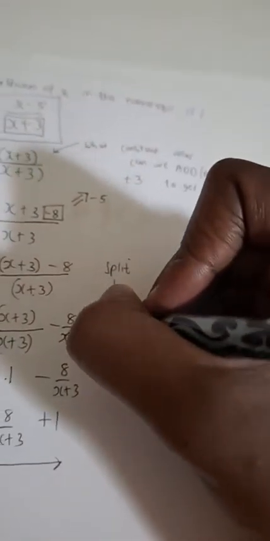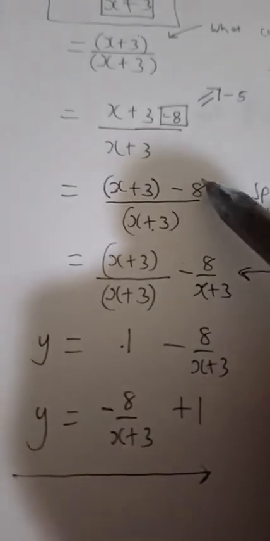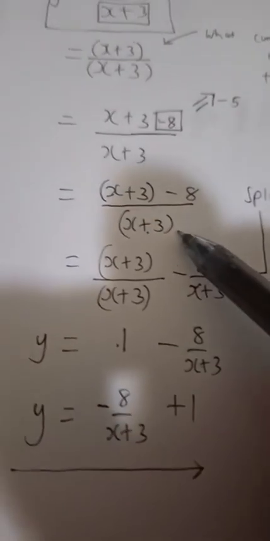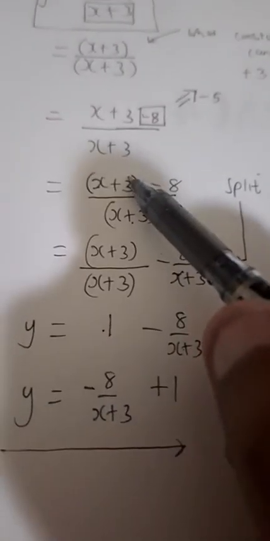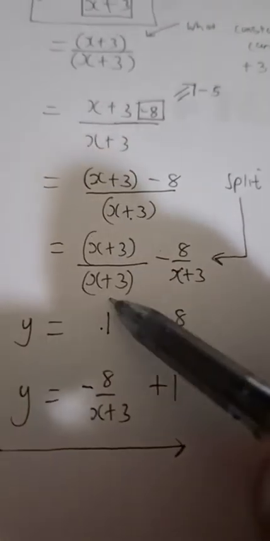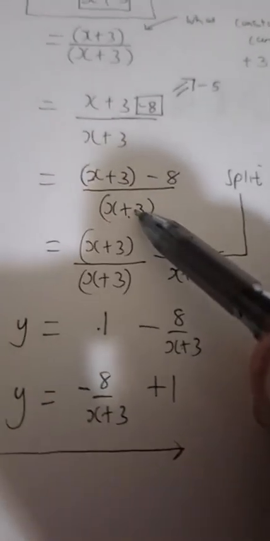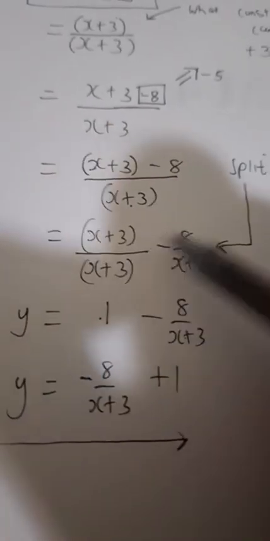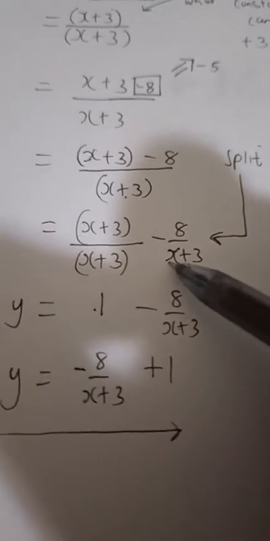Then what you can do now is you can split. Since you have two terms in the numerator and 1 term in the denominator, you can split the 2 terms so that they both adopt the denominator x plus 3. So it's x plus 3 over x plus 3 minus 8 over x plus 3.